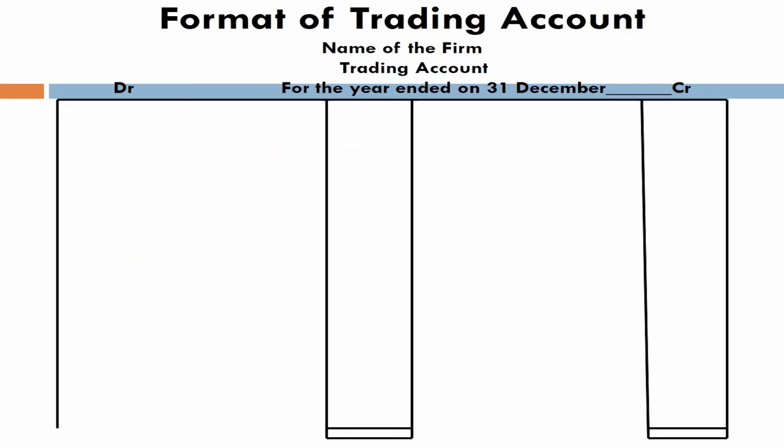Let's discuss the format of trading account. It starts with the name of the firm, then trading account for the year ended on 31st December or 31st March for the given year.